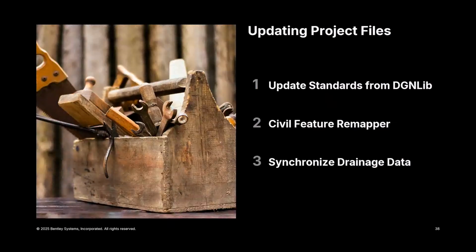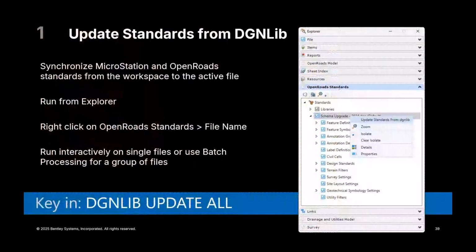Well, the primary way that we update the core part of the project file is through a utility called Update Standards from DGN Library. You're going to run this from within the Explorer. This is a civil specific tool. So when I say civil specific, it runs in OpenRoads and OpenRail Designer.